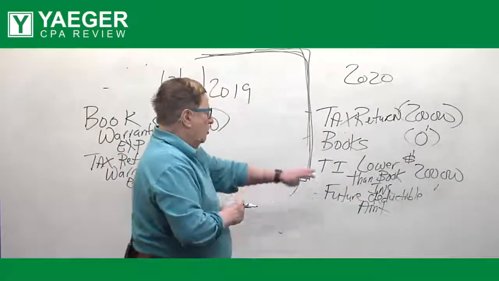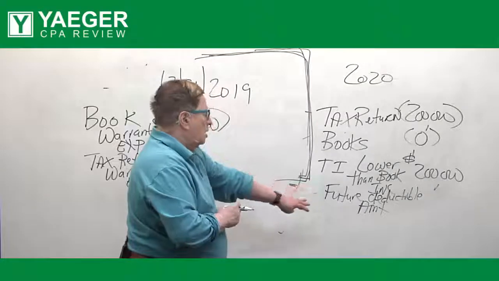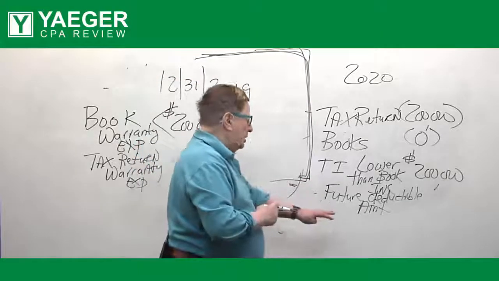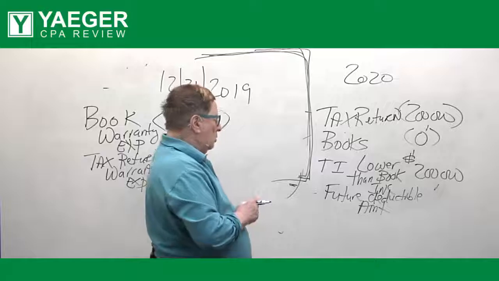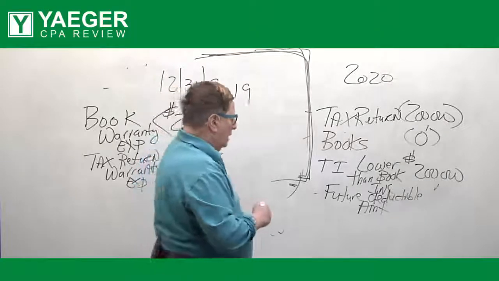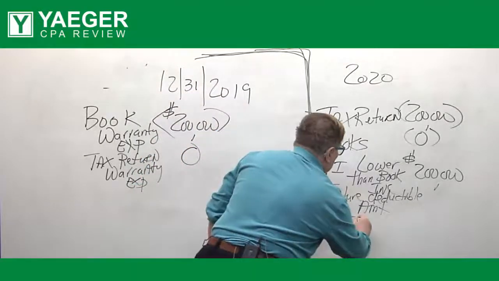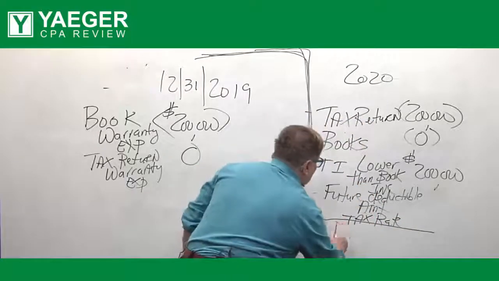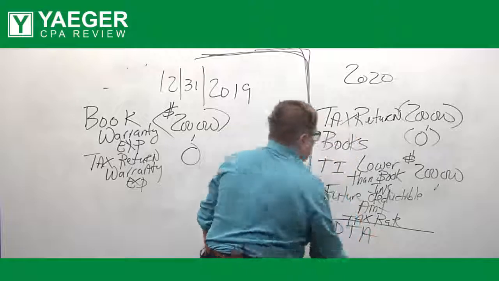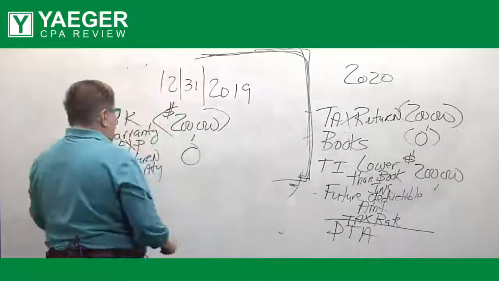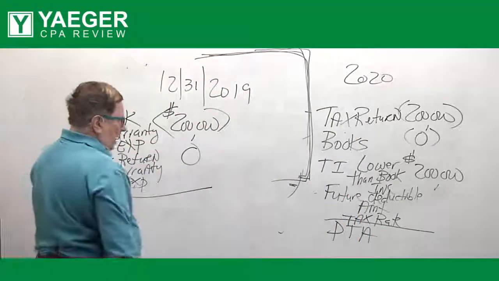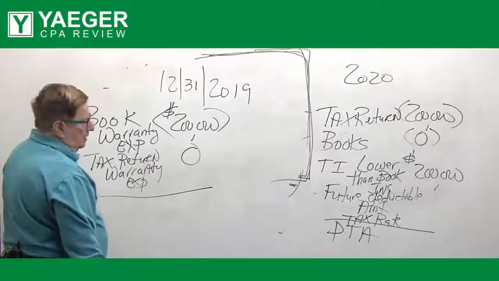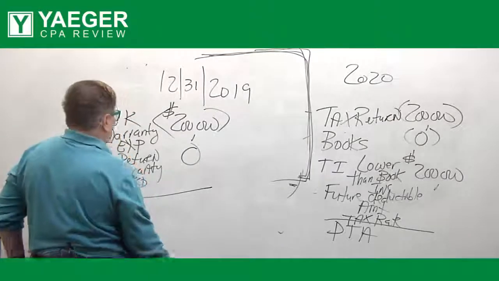Now, remember, future deductible amounts times either the future tax rates or the current tax rates, if known, will give you a deferred tax asset. Now, at the end of 19, we have to make an entry. Let's assume the deferred tax asset comes out to $100,000. That's too high.